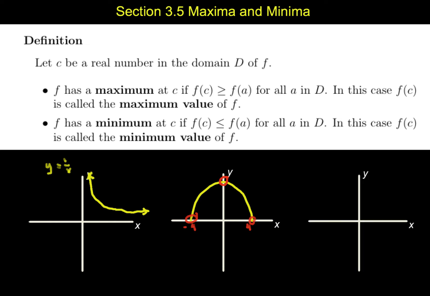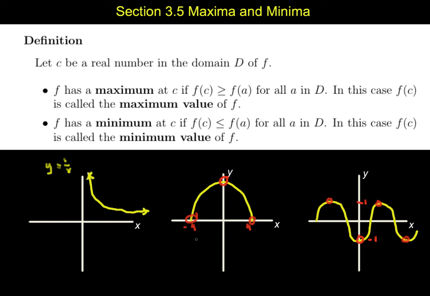And a third example, maybe like a sine function, some kind of trig function that looks something like that. And we see that we've got maximum values here, which would be the value of 1. And then we've got minimum values here and here. Both of those, say, would be negative 1.